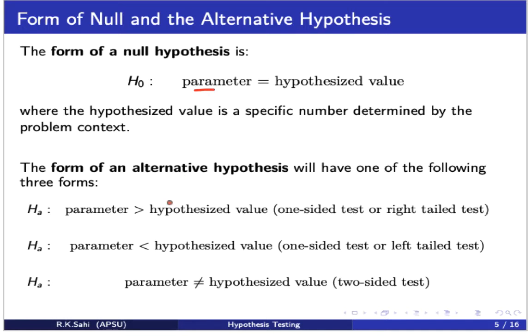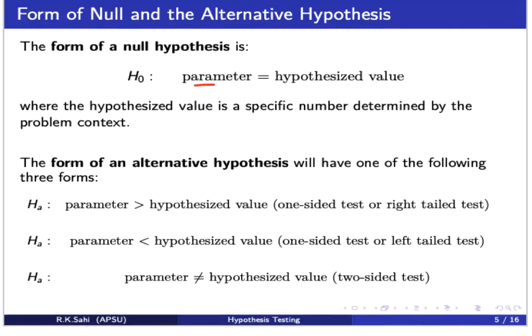The alternative hypothesis is when the parameter is strictly greater than, that means we have a right tail test. Or if the parameter is strictly less than the hypothesized value, that means we're talking of a left tail test. And the other final scenario is when the parameter is not equal to the hypothesized value. That means we have a two-tail test.